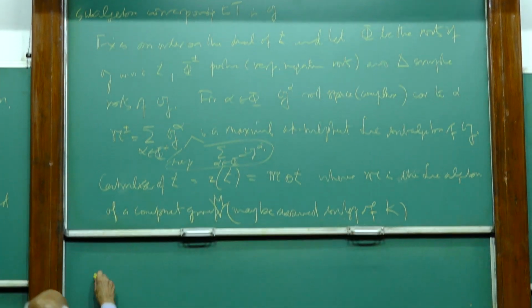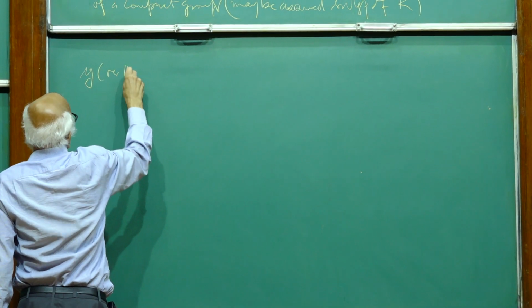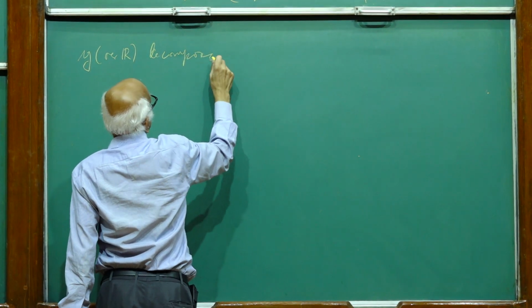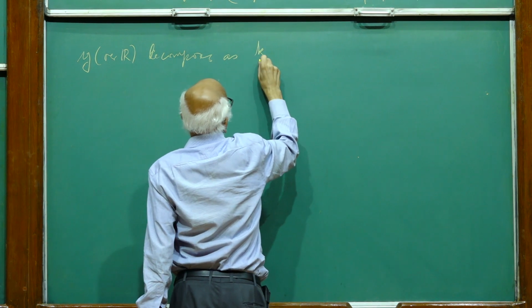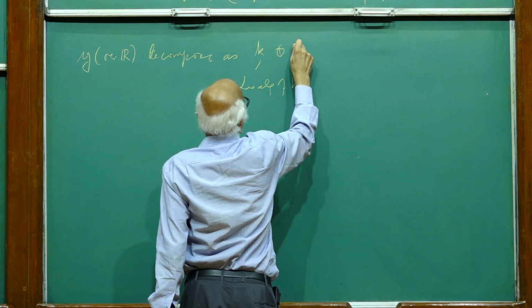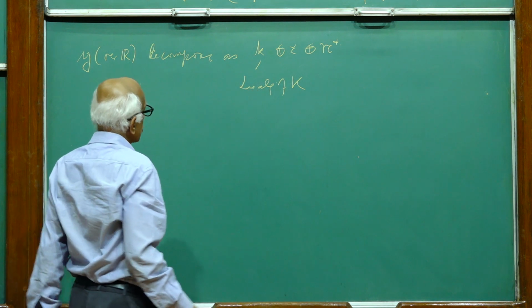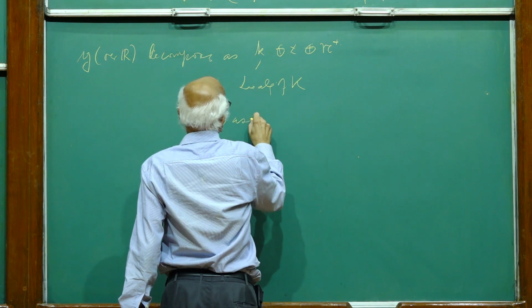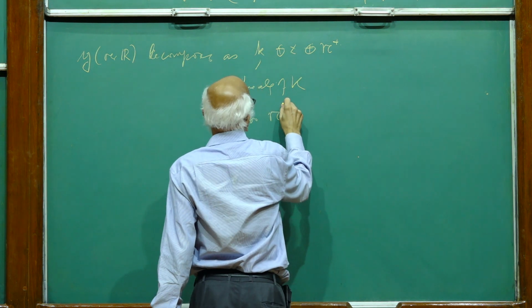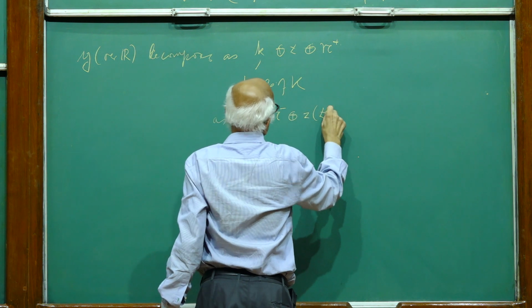The Lie algebra 𝔤, this is over R, decomposes as 𝔨 plus 𝔭, and also as 𝔫⁺ plus 𝔫⁻ plus 𝔷(𝔱).